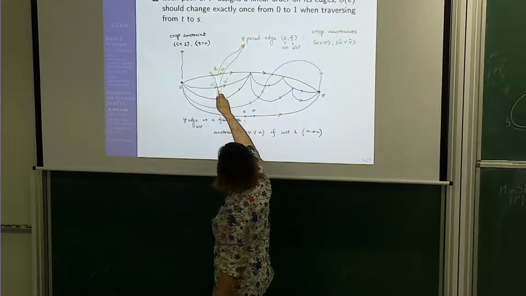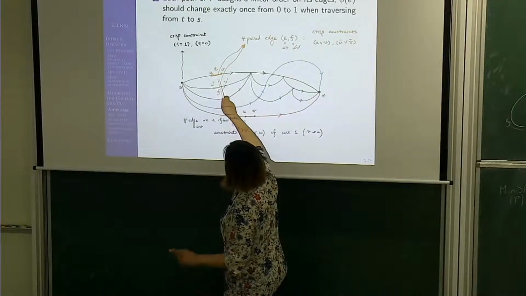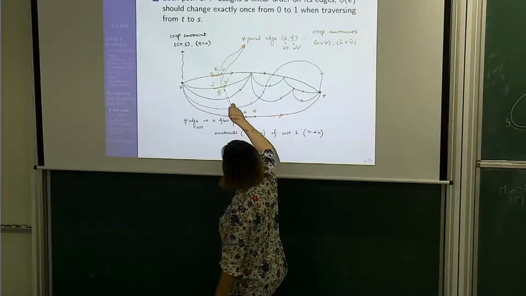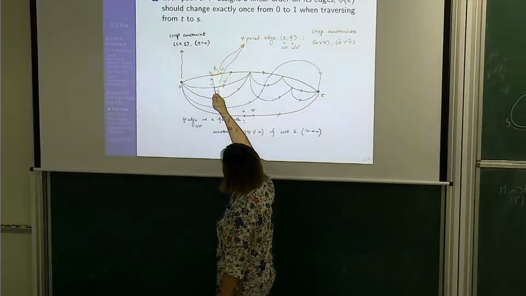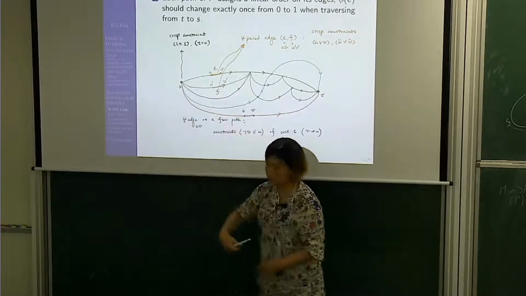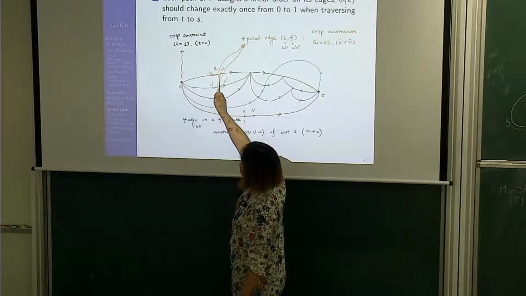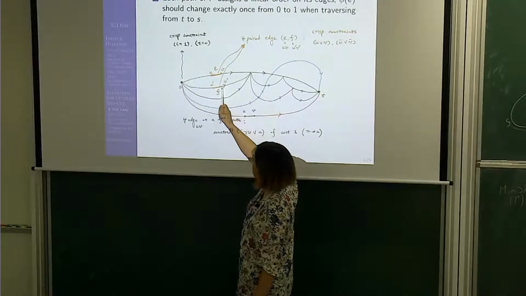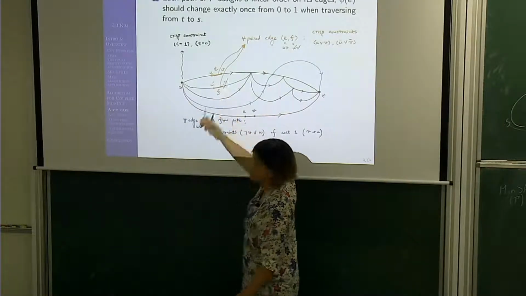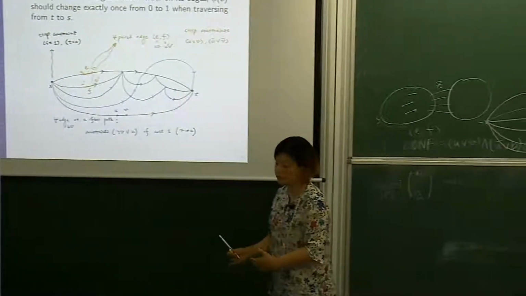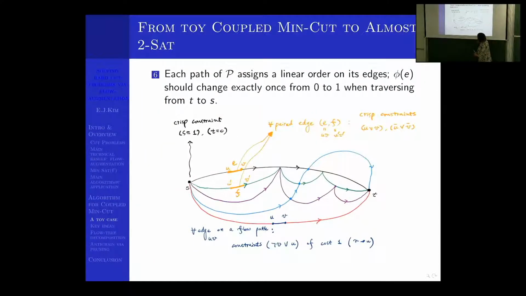By the way, when we negatively correlate these two variables, there are some orientations, and the orientation should be consistent with the flow path. If U is before V on the flow path, and U prime is before V prime on the flow path, then in this particular orientation, U and V prime are different. But we already have this flow path, so you can give this orientation to the edges.